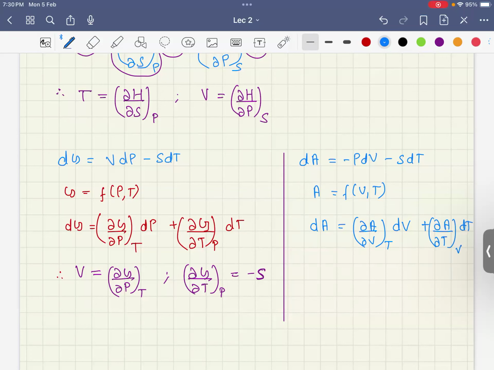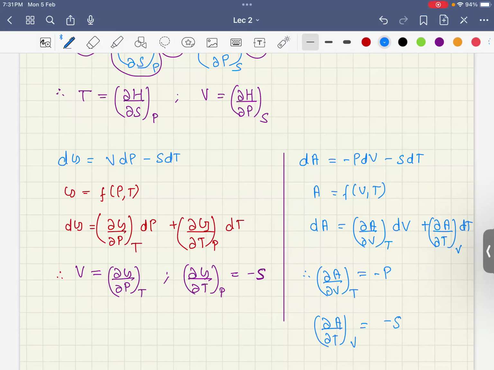Here, dou A upon dou V at constant T is equal to minus P, and dou A upon dou T at constant V is equal to minus S.